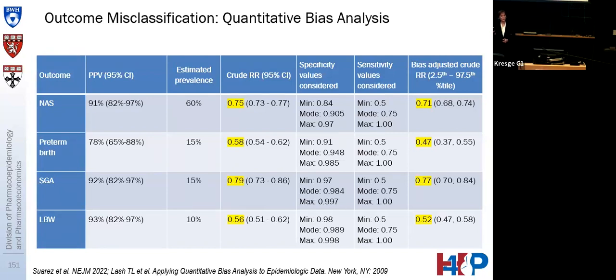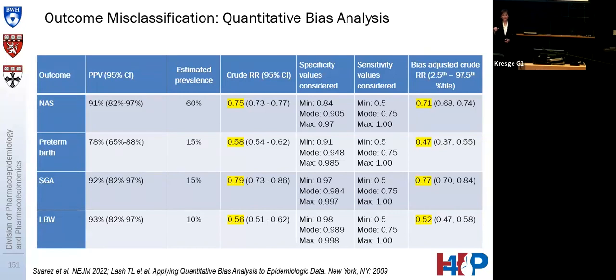We can use that to validate the outcome definition and then use the estimates from these validation studies, so the positive predictive value and what we know from prevalence, to correct our relative risk based on these outcome misclassification parameters. And that's exactly what we did here. It's highlighted in yellow here, the original estimate, and then in the last column, the estimate corrected for this potential outcome misclassification.